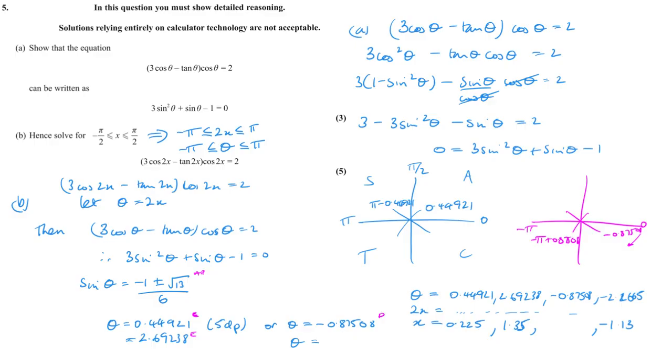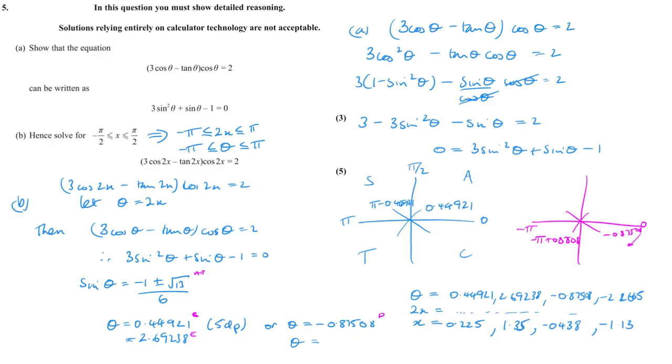Then the other one, divided by 2, is minus 0.438. So there I've got my 4 answers.